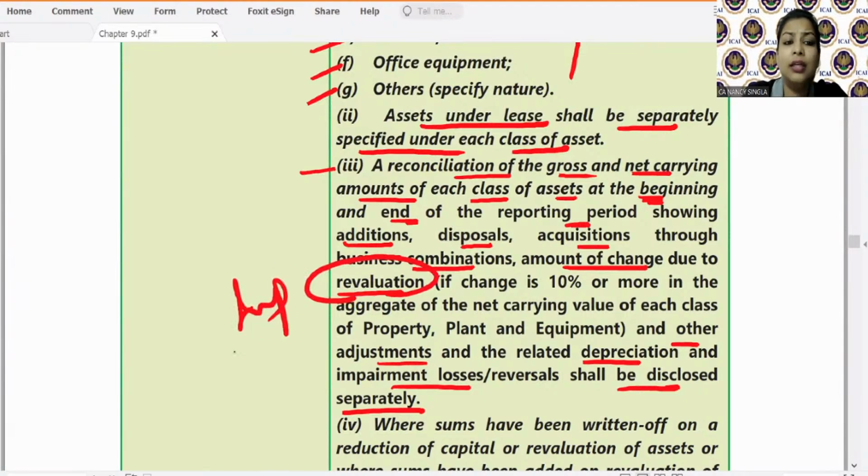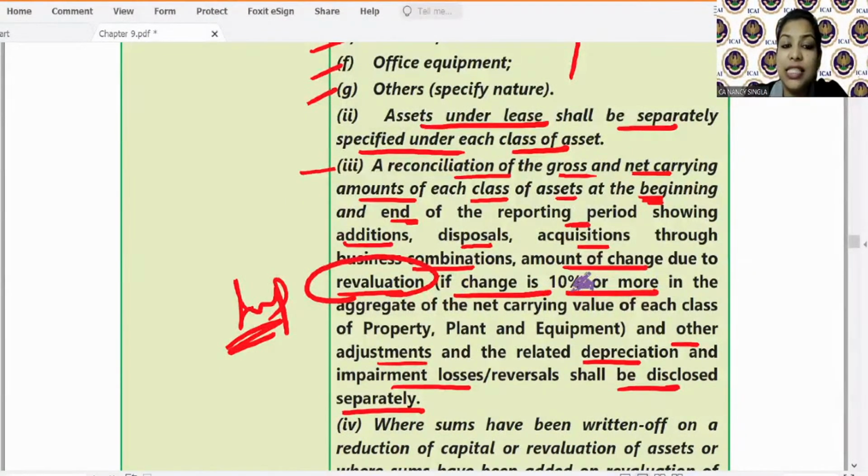Very important, है ना? So if the change in the amount of the asset is 10% or more, even if it is valued up or down, then only such change will be shown here.